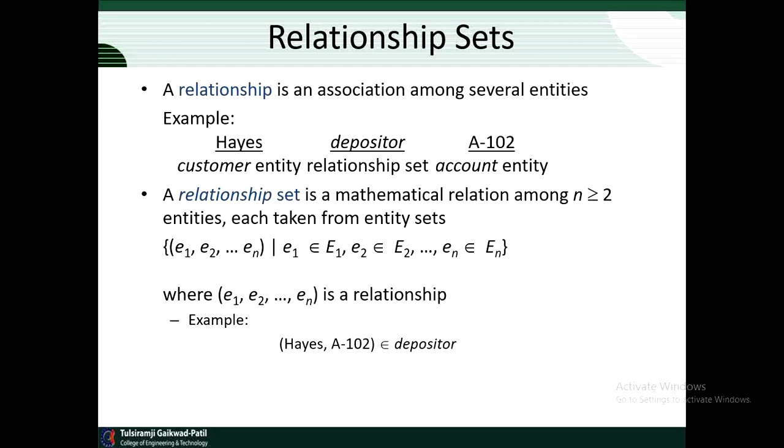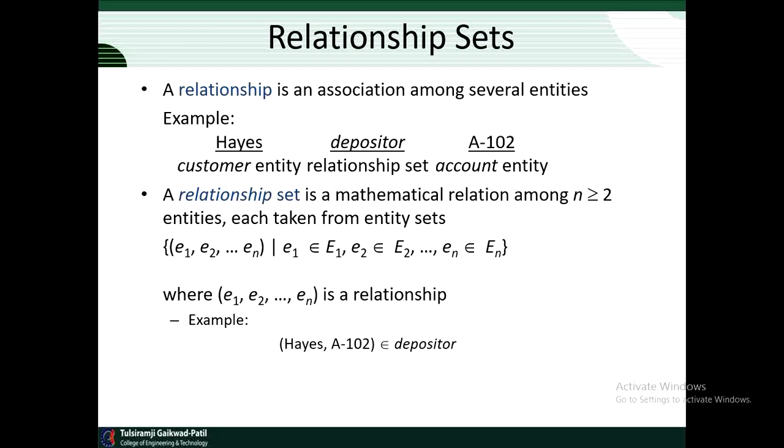So customer is an entity having the relationship set with the account entity. So the relationship which is represented between 2 entity sets, that is customer and account, is the depositor relationship. So this is the relationship among the 2 entities.